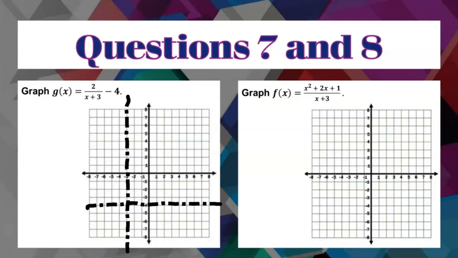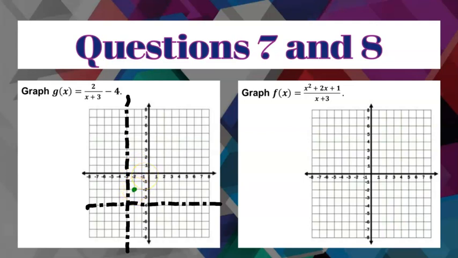So if I go to the right of the vertical asymptote line, I have -2. If I put -2 in for x, -2 plus 3 is 1. 2 divided by 1 is 2. 2 minus 4 is -2. So I have a point at -2, -2.